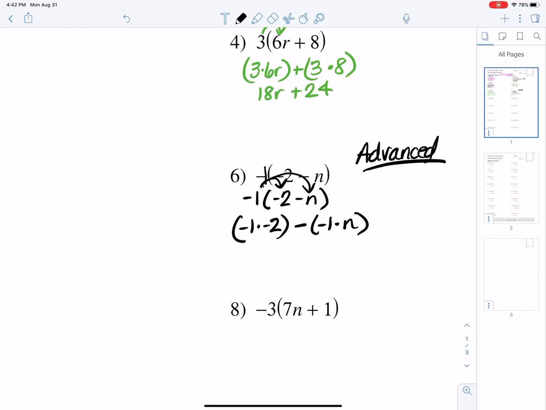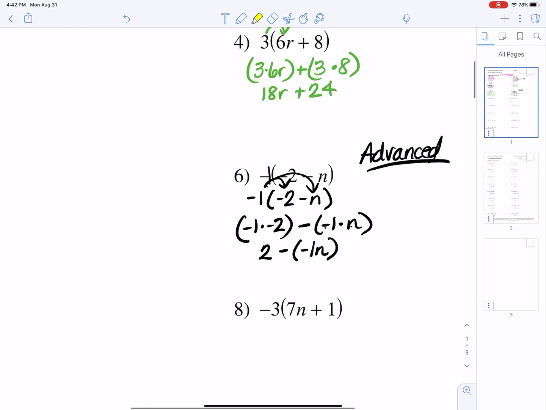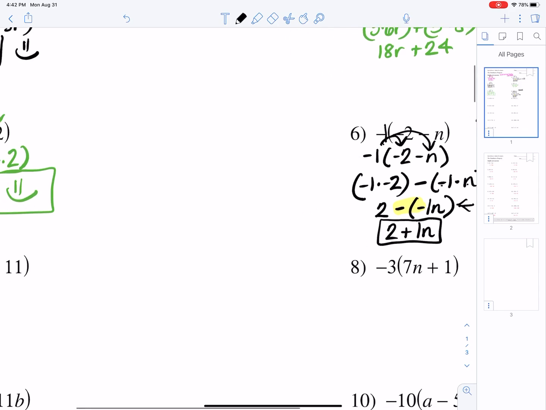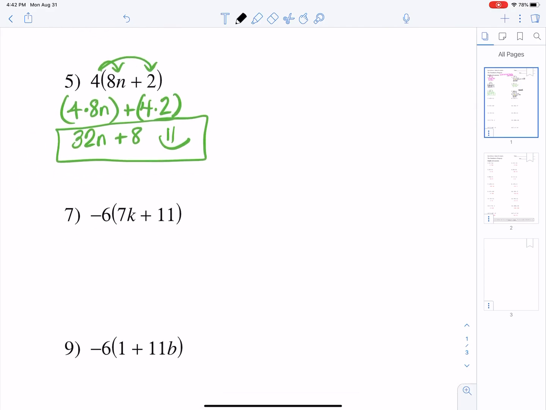Negative 1 times negative 2 becomes a positive 2. Minus, and because that's there, negative 1 times n becomes negative 1n. Like I said earlier, something we will learn later is that when you are subtracting a negative, it will become positive. So you can stop, but this becomes 2 plus 1n. Again, that is an advanced one. We are going to get into worrying about those integers later. Right now, we're just practicing distributing.